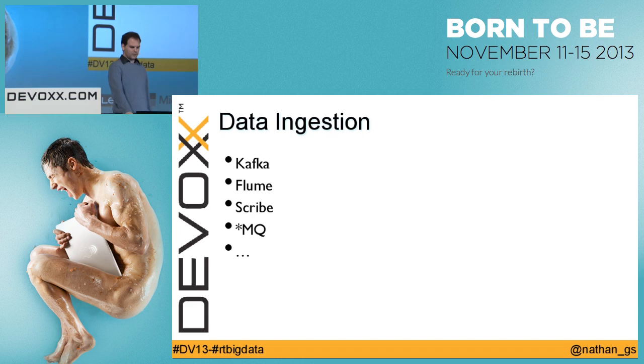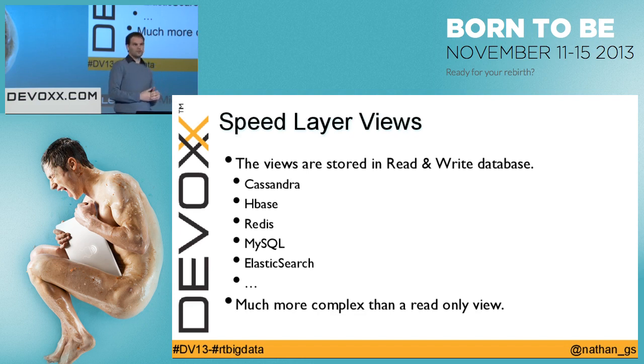In our speed layer, we are going to generate views. Those views need to be queryable, and we need to write them in real time. So we are going to need a read and write database.